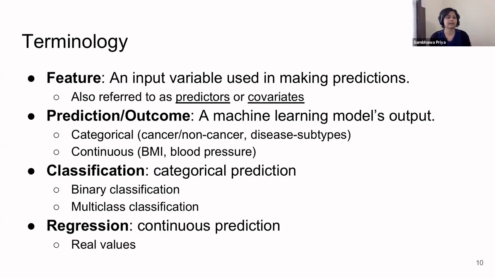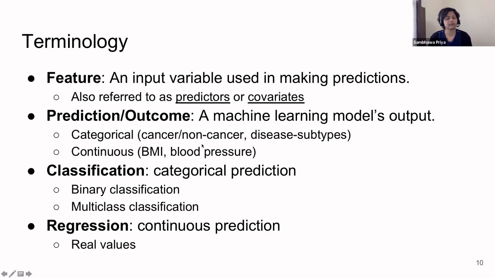It could be categorical, that is, if the prediction is about determining whether it's a cancer or a non-cancer sample, or different disease subtypes, or it could also be continuous, such as body mass index or blood pressure, for example.